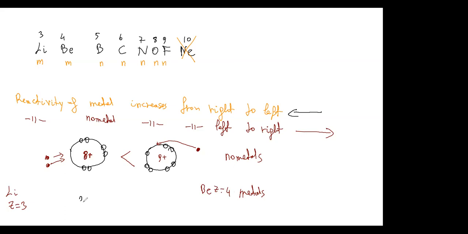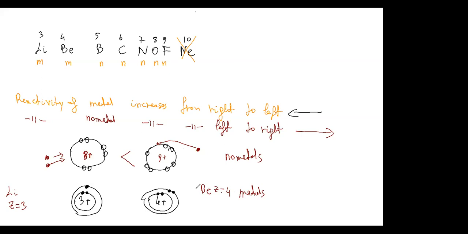For lithium, we have 3 protons in the nucleus, 2 electrons in the first shell, and 1 electron here. And for beryllium, we have 4 protons, 2 electrons in the first shell, and 2 electrons in the second shell.